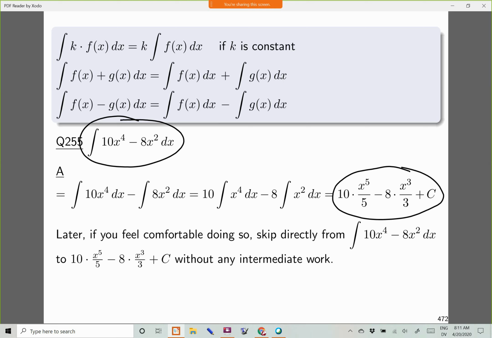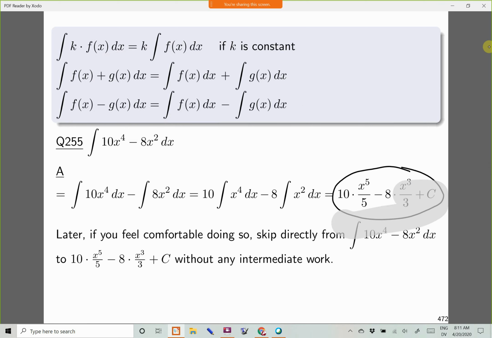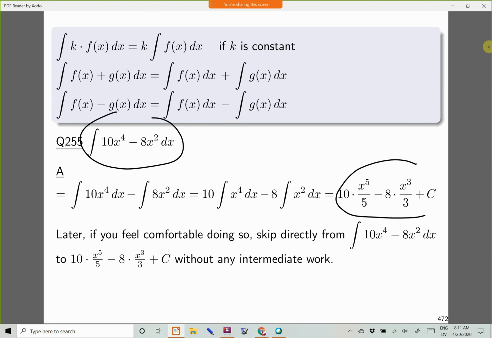That is, when you have an integral of a sum or a difference, you get to split things up nicely as 2 separate integrals. Things won't work out as nicely if you have multiplication, for instance. So you can skip directly, in a problem like this, if you feel comfortable doing so, from the original question down to the final answer. It could be possible to do that.